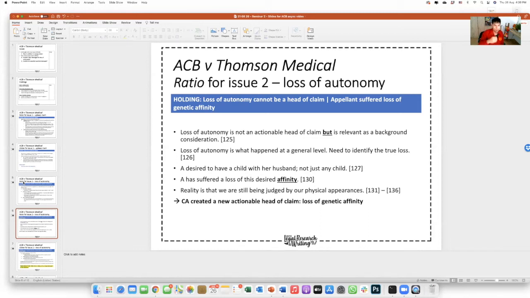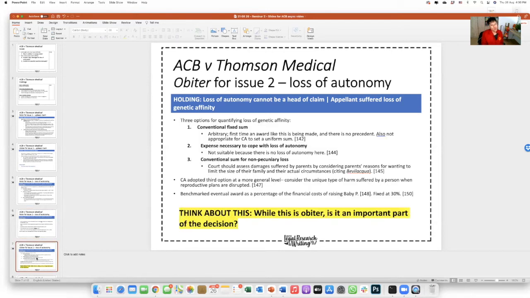And by having a child that wasn't born out of her husband's sperm, she has lost this genetic bond, this desired affinity, and therefore this concept of loss of genetic affinity is something that can be claimed on. All right, so you realize how this line of reasoning goes directly to answering why the court allowed loss of genetic affinity. Follow? Okay, so because it answers the question directly, it can be considered ratio and not dicta.